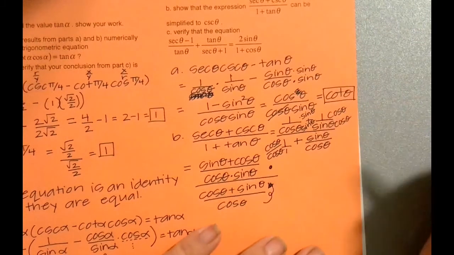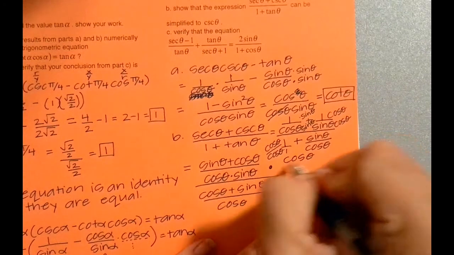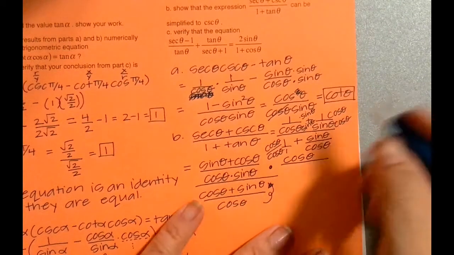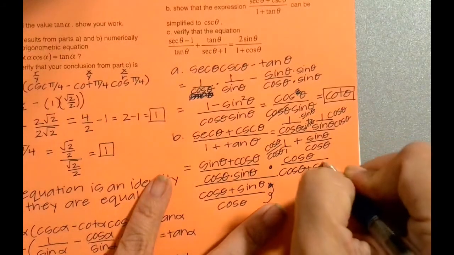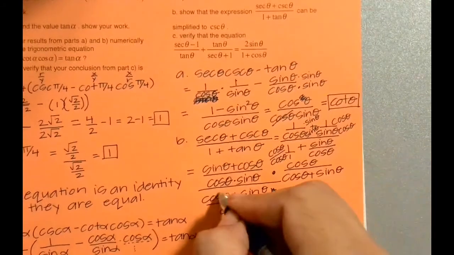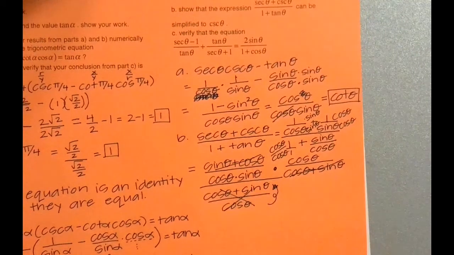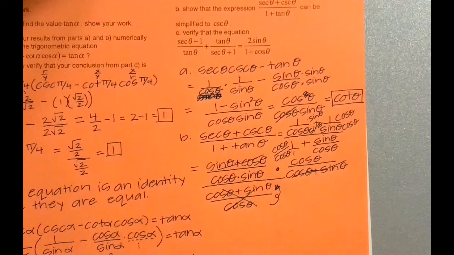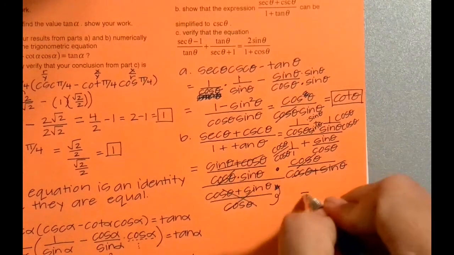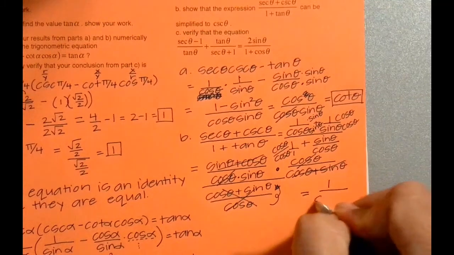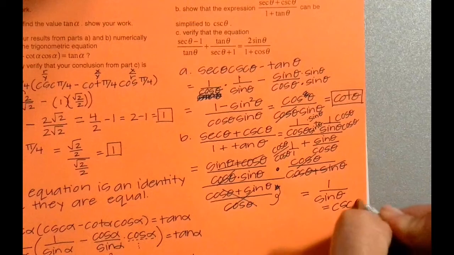So I'm going to do that in this step. So I get cosine theta all over cosine theta plus sine theta. And now these are the same quantity, so they can cancel out the whole thing, and cosine cancels with cosine, so I get 1 over the sine of theta, which equals cosecant theta.